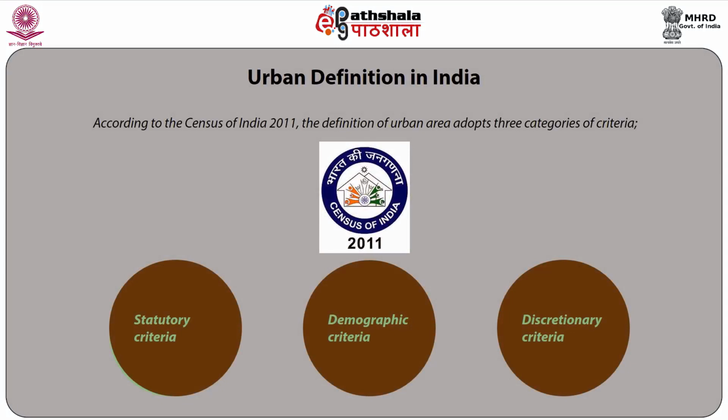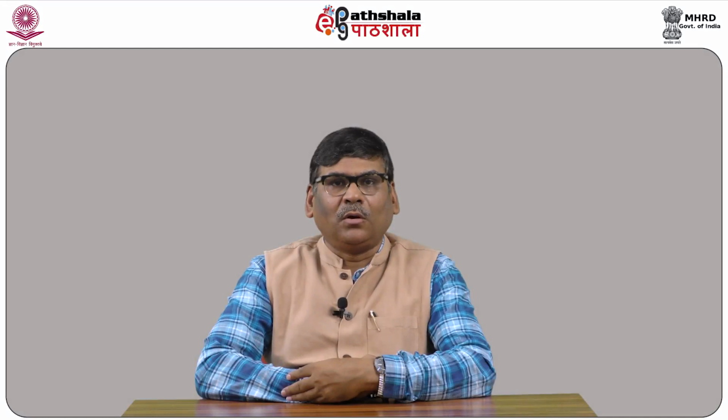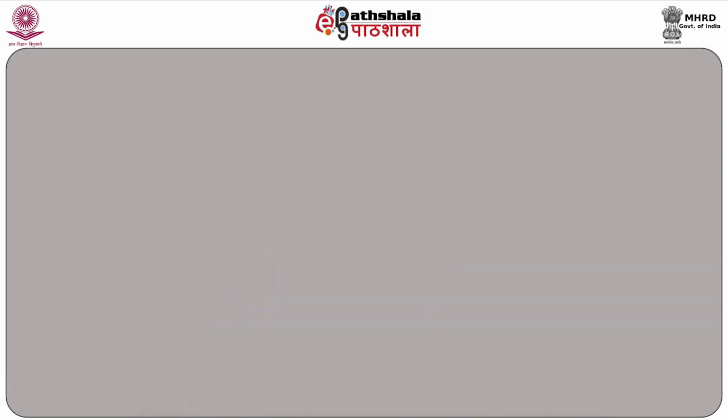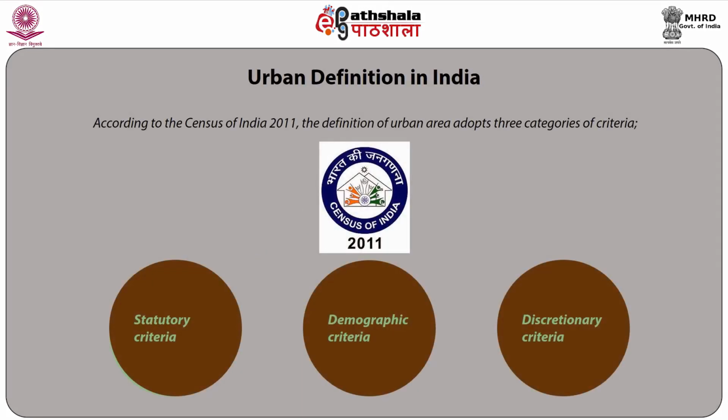All places with a municipality, corporation, cantonment board or notified area committee and also Nagar Panchayat are automatically classified as urban. All those places which do not satisfy statutory criteria are subjected to demographic criteria, and if they satisfy, the place will be declared as urban.